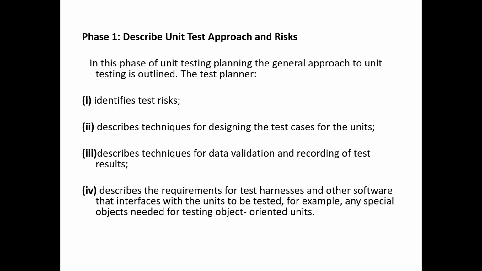Our first step is to identify the test risks. Second, describe techniques for designing the test cases for the units. Those identified test risks are described, and then the techniques for designing the test cases are described.